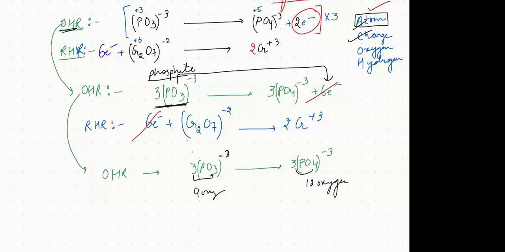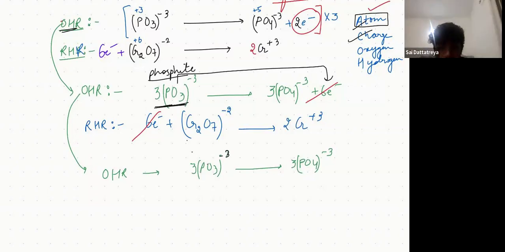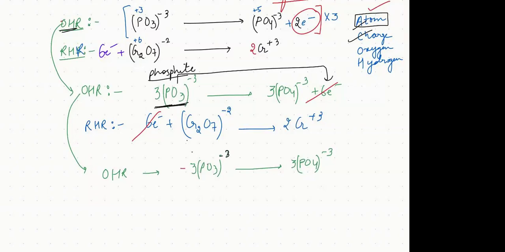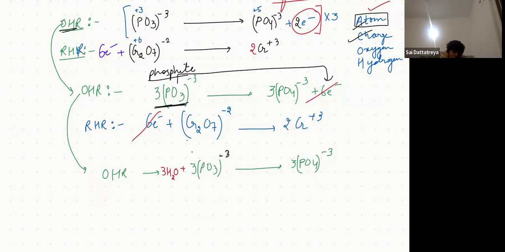So when we have 9 oxygen atoms and 12 oxygen atoms, what does that mean? I would say I have 3 oxygens short here. Every oxygen is to be balanced by water. So you write down 3H2O.